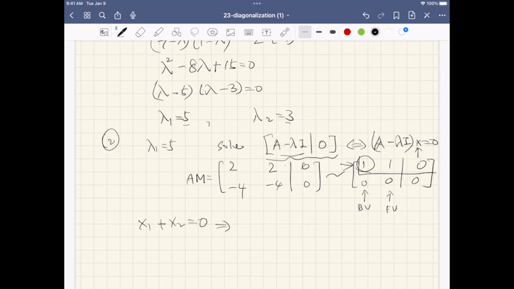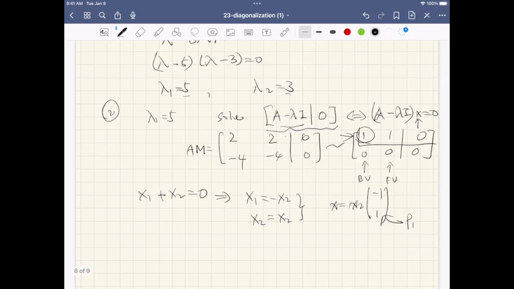That means x1 equals negative x2, and x2 is the free variable. So the parametric vector form is x equals x2 times negative 1, 1. So that gives me P1, the eigenvector corresponding to 5.